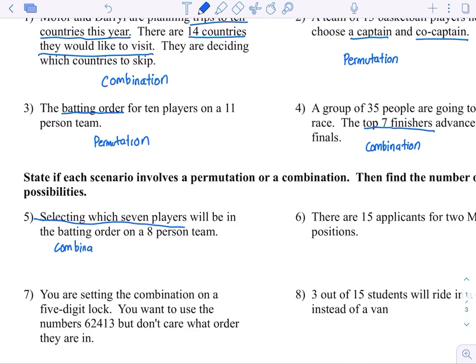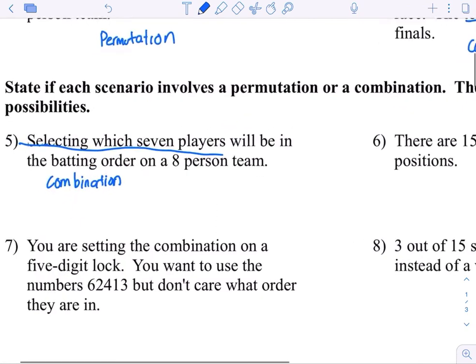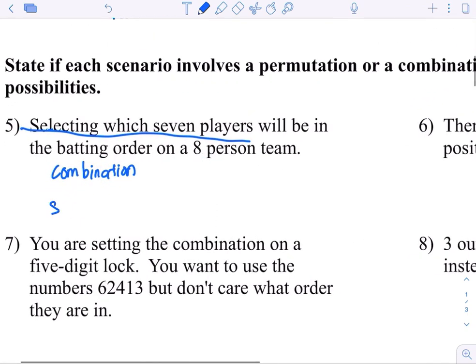Now we are going to see what combination we need in order to get the 7 players in the batting order. It's going to be 8, which is the total, choose 7. This is going to be 8 factorial over 8 minus 7 factorial and 7 factorial, which is 8 factorial over 1 factorial times 7 factorial.